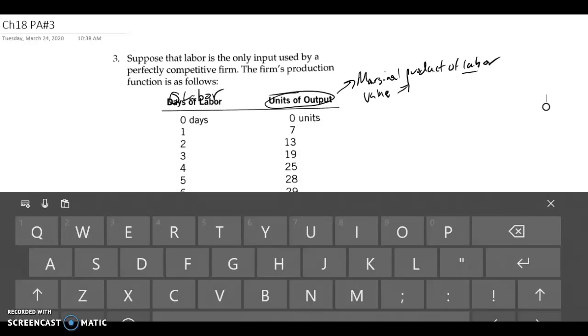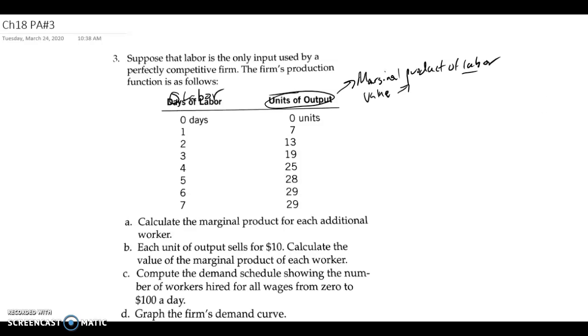And one of the ways that we described that is we call that the marginal revenue product. And so we'll look at how the marginal revenue product is derived from this marginal product of labor. So the first thing that it asks us in A is calculate the marginal product for each additional worker. That's this first one right here.